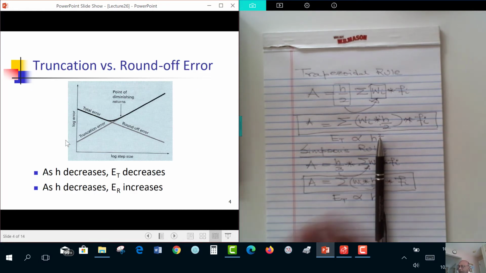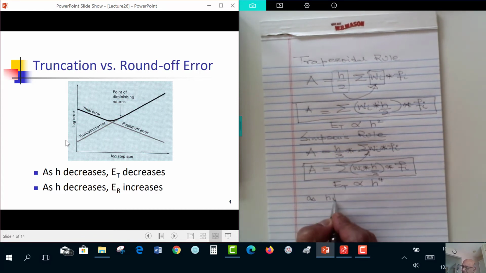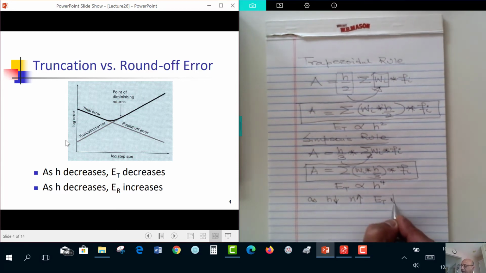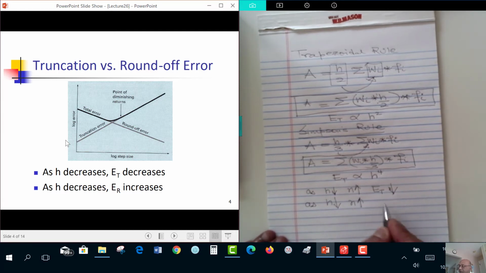And then, of course, I mentioned to you that if we have more strips, so as h decreases, we increase the number of strips and decrease the truncation error. But if we decrease h and increase the number of strips, we do more calculations, more summations, so we increase the round off error.